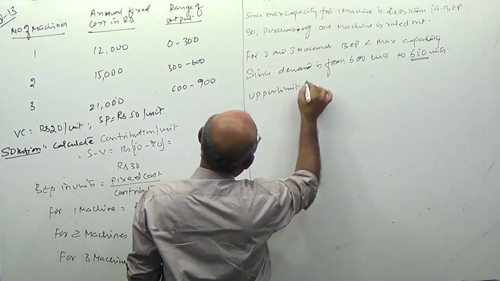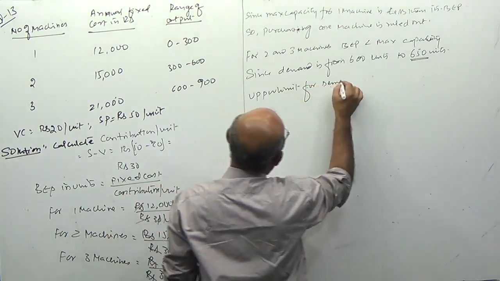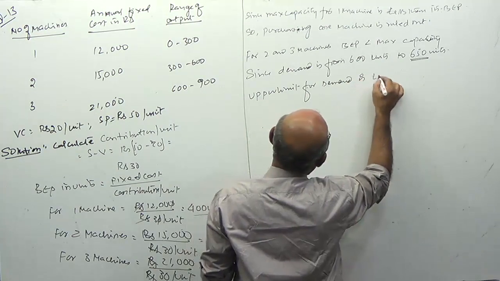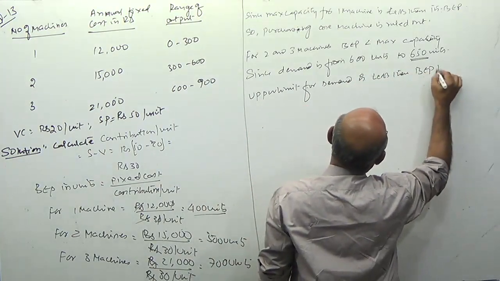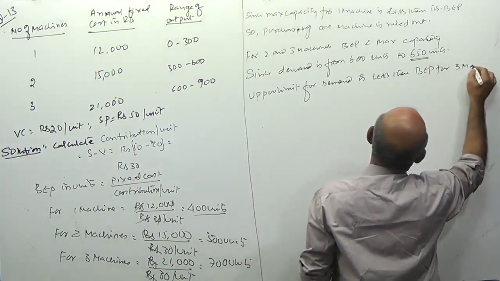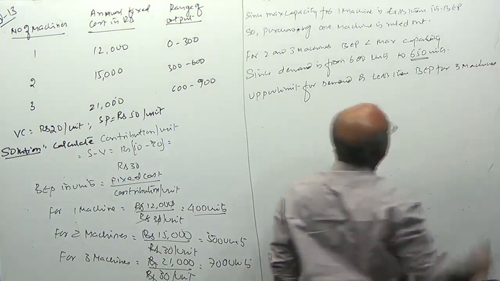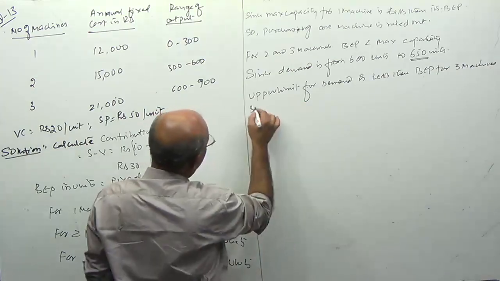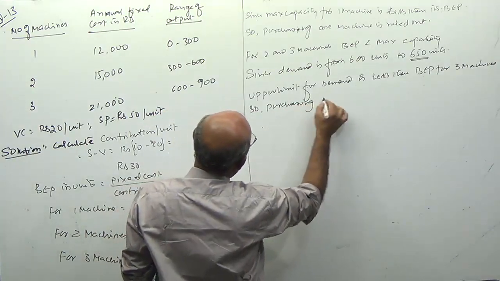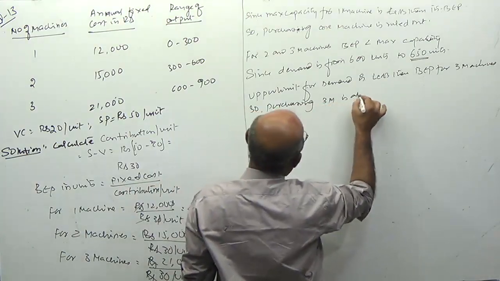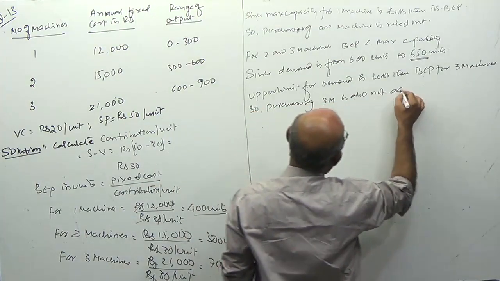Upper limit for demand is less than break-even point for 3 machines. So, purchasing 3 machines is also not advisable.